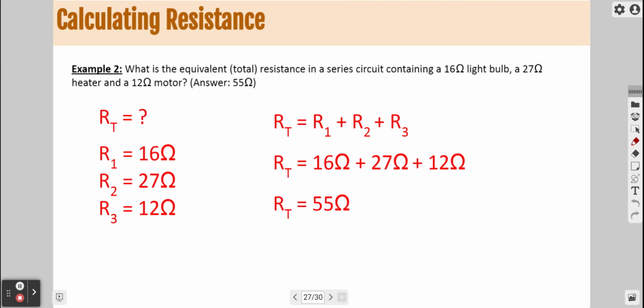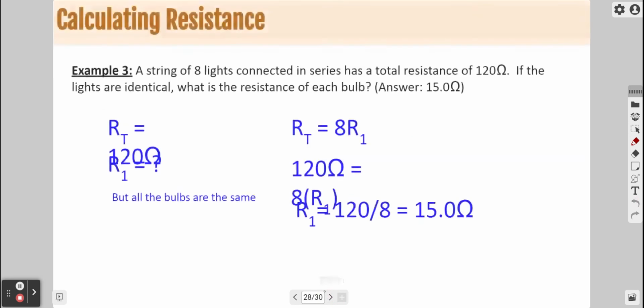Alrighty, so there's a couple more example questions for you to do. If you don't understand what's going on, make sure you do these. This is one where you have to find the total resistance in a series circuit containing these 3 different resistors. So you just add them all together. Oh, this one got all jumbled up. Hopefully your slides are a little bit better than this one.